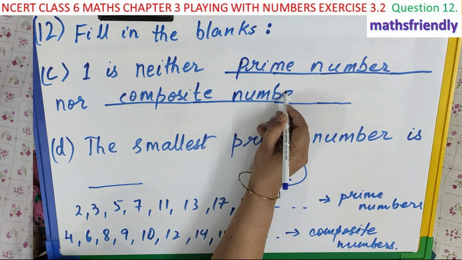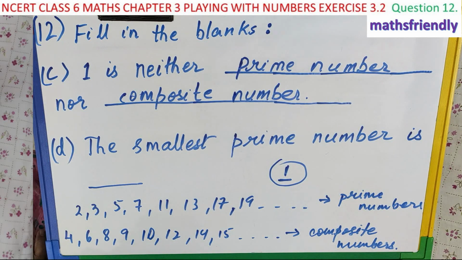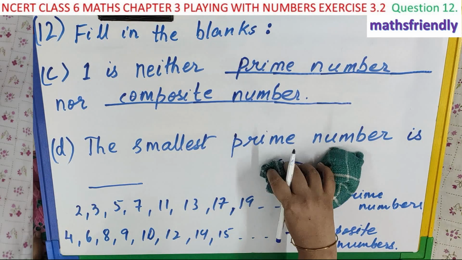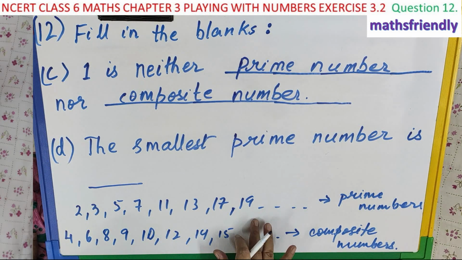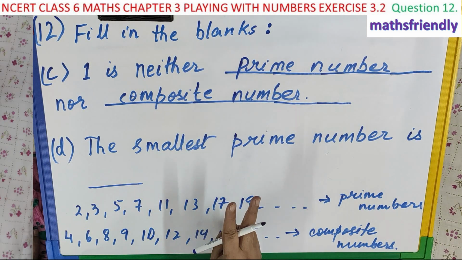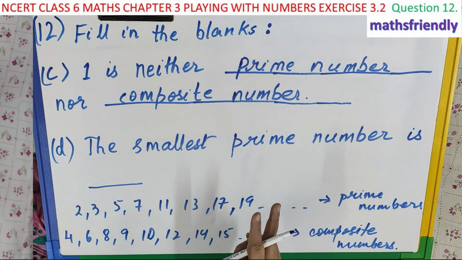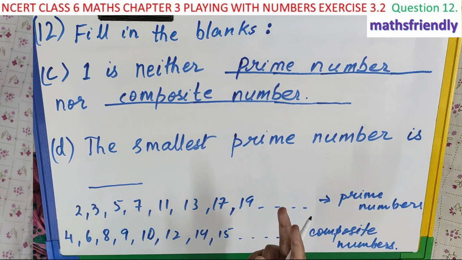Okay, I will show you how. Because prime numbers have 2 factors, means prime numbers come in the table of 2 numbers. Okay, I have shown you how. And composite numbers have more than 2 factors, means composite numbers come in the table of 3 or more numbers.